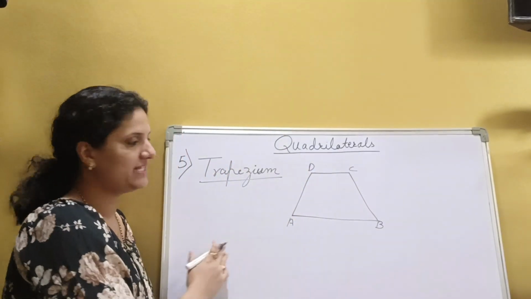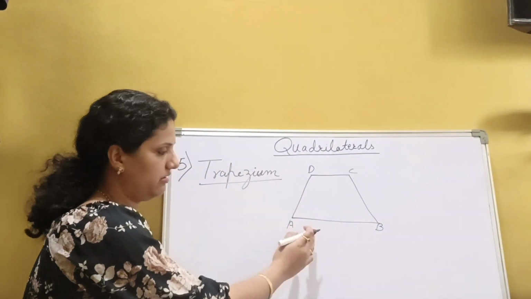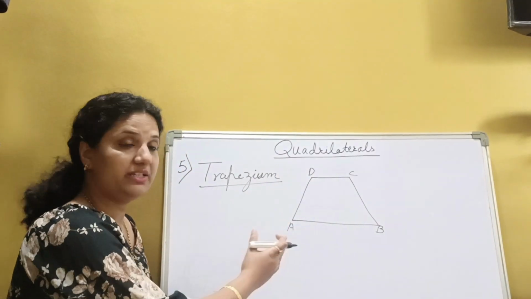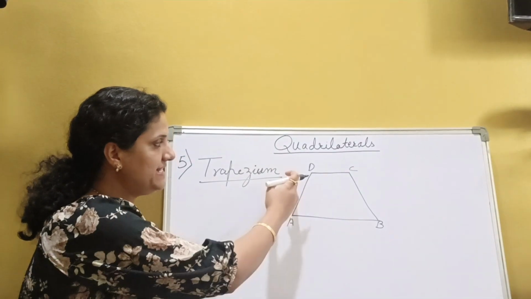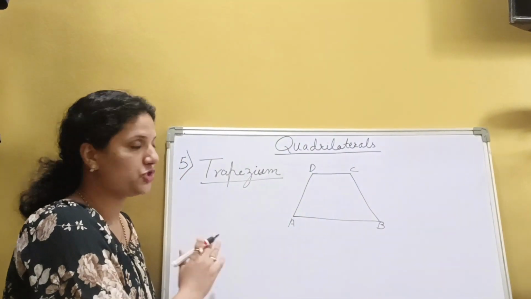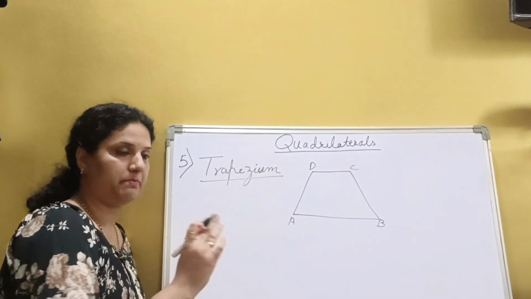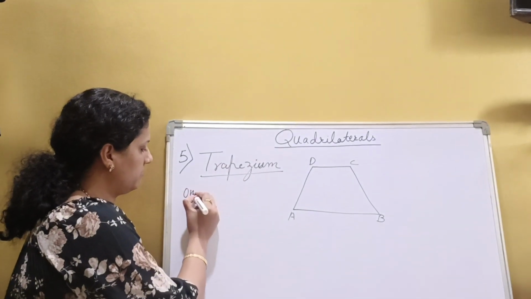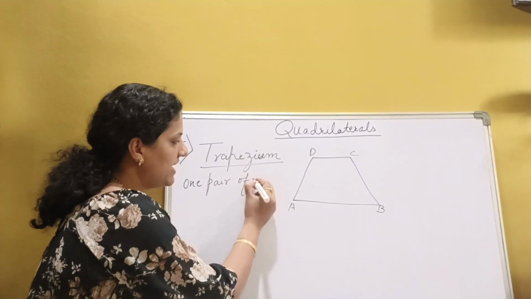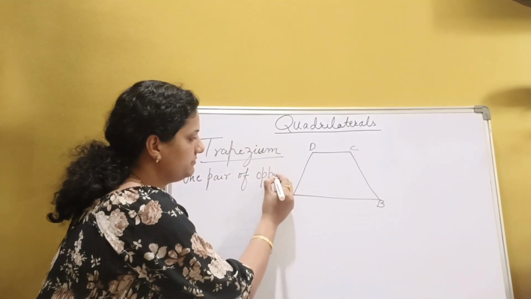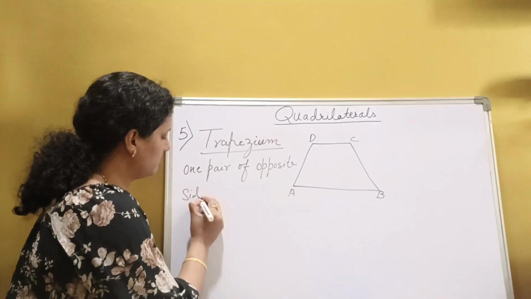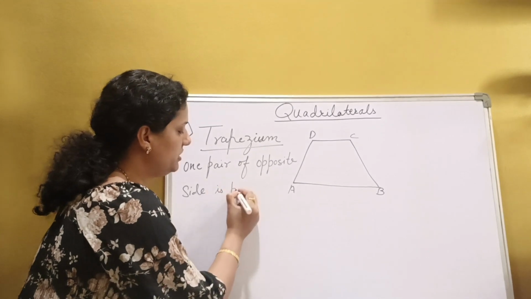In trapezium, we can see that the opposite pair AB and CD, they both are parallel to each other. But the other pair AD and BC, they both are not parallel to each other. So in trapezium, only one pair of opposite sides is parallel to each other.